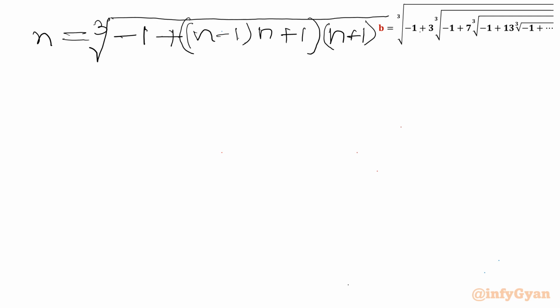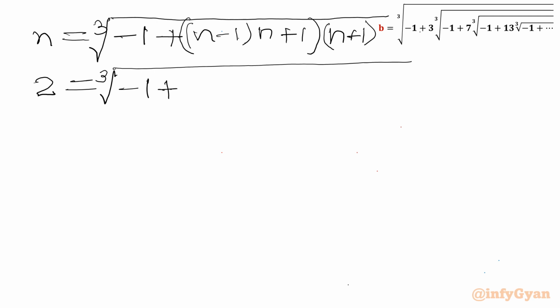Now I will apply n equal to 2 and see what will come out. 2 equal to cube root of negative 1 plus n minus 1. So 2 minus 1 will be equal to 1, times n, which is 2 plus 1, times n plus 1, so 3.